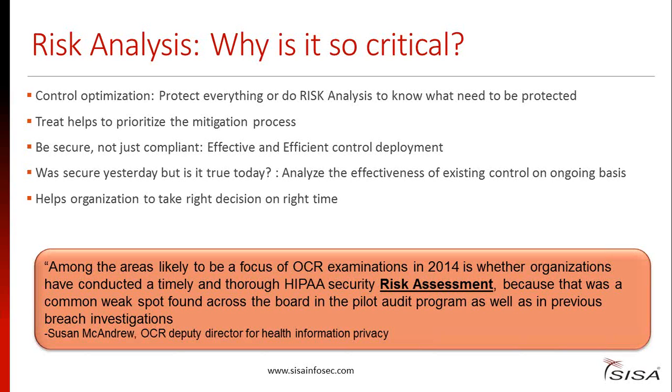Then it will help you to prioritize the risk so that you can define the prioritization in the mitigation process. How can it help? If you know that your web server is running on an unpatched IIS version, probably you have to fix that particular server first, and then a server that is in an internal server zone, you can fix later based on the criticality.